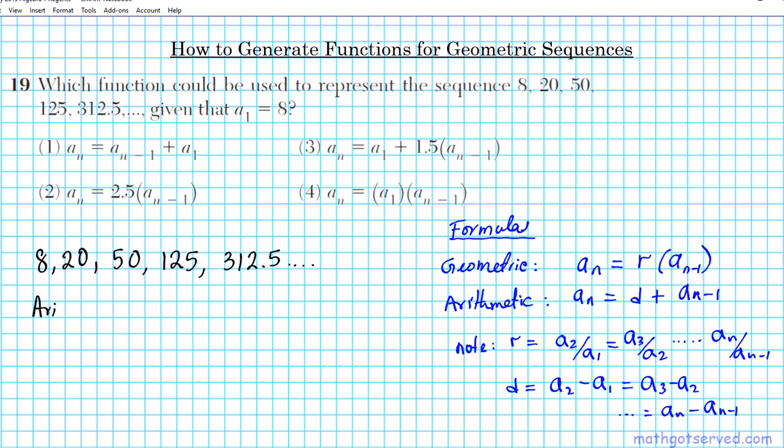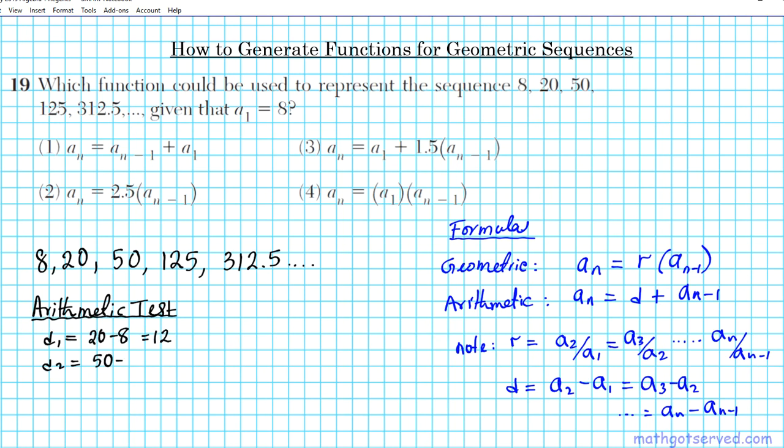So, arithmetic test: we're looking for a common difference. Alright, so first one, d1, difference 1, we're going to subtract the first two, 20 minus 8. What is 20 minus 8? That's 12. Looking good.